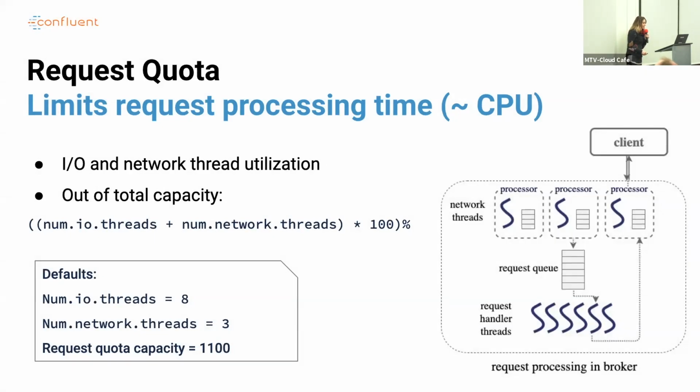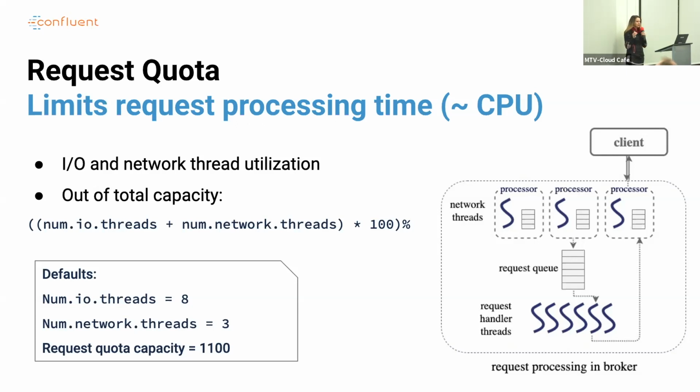The reason people don't use request quota is that it's pretty hard not only to explain, but also to decide how much to set. Request quota was done as an approximation of CPU.